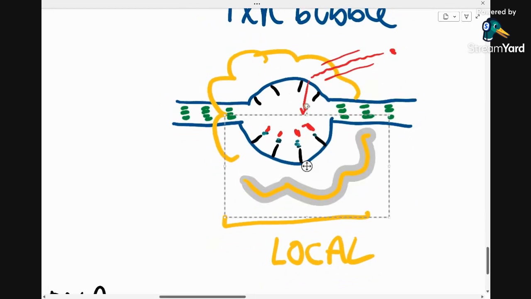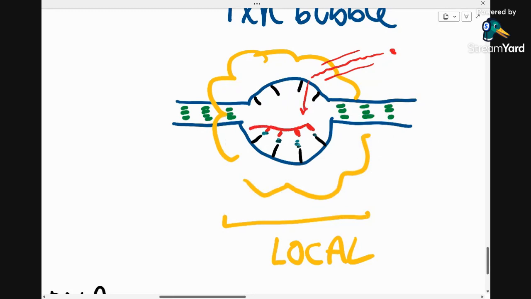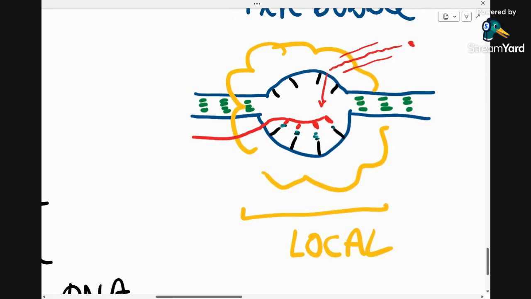And if correct, then phosphodiester bonds will be formed between them, and you make your nascent RNA molecule. But the key thing to remember is we copy only one strand. Unlike replication and DNA polymerase, RNA polymerase in orange here will only copy one strand. And it copies, in this case, this strand, which we call the template strand.